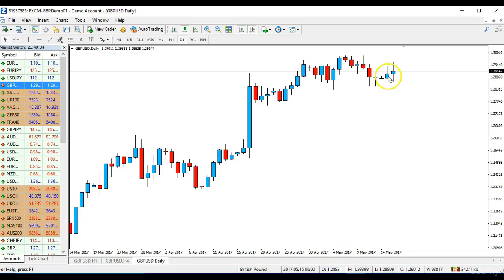So that's all it does. A candle lets you see at a glance where it opened, where it closed, and gives you a visual representation of what it did that day.